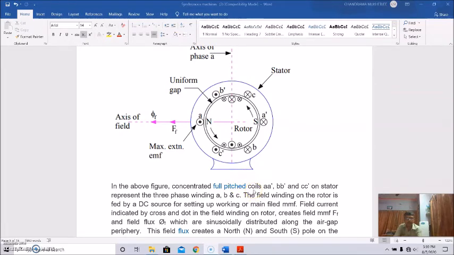The field current is indicated by cross and dot in the field winding.